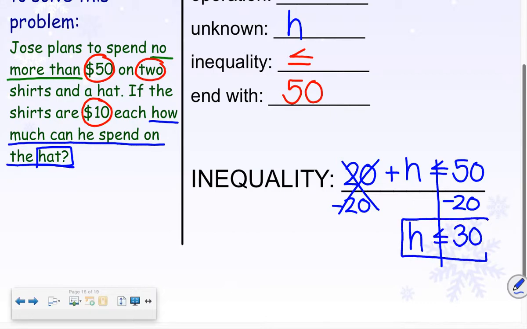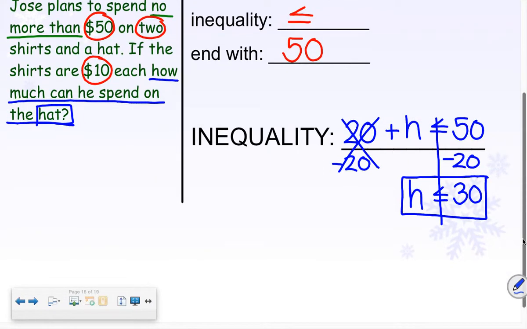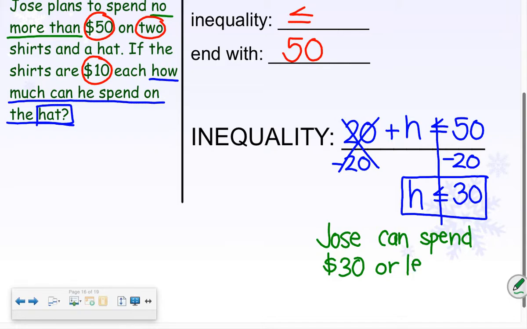So what that means, if we write a sentence, is that Jose can spend $30 or less on the hat. And that's because H is less than or equal to, so his hat can be $30 or less.